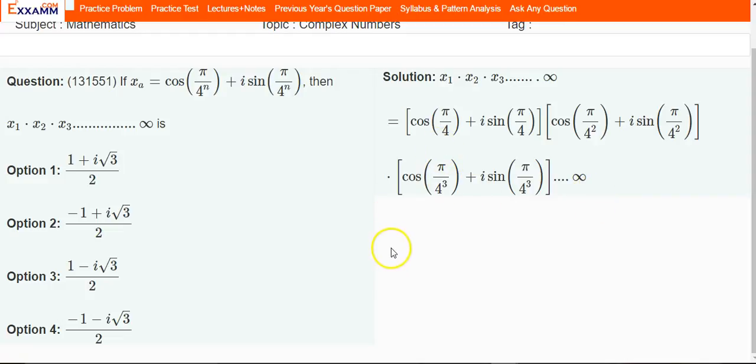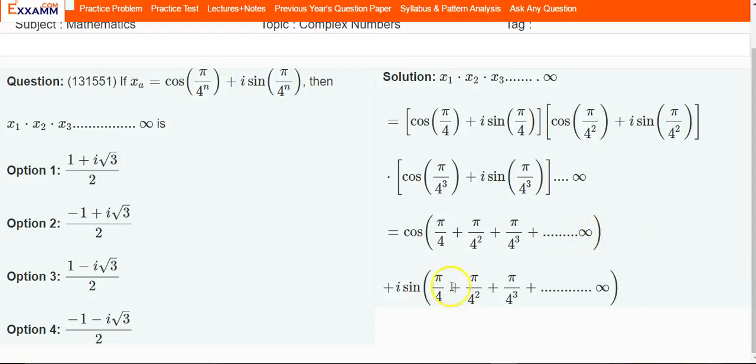What does this expression evaluate to as per de Moivre's theorem? It is equal to cos of (pi by 4 plus (pi by 4) squared plus (pi by 4) cubed plus up to infinity) plus i sin of (pi by 4 plus (pi by 4) squared plus (pi by 4) cubed and so on).